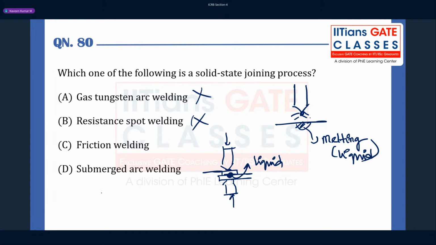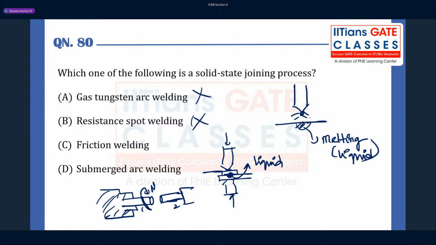Friction welding. How is friction welding done? You have some kind of a CNC lathe, some machine, and this is your fixture. You are putting it and rotating it with some RPM. And there is another rod that you have to join, rod 1 and rod 2, and this is fixed.